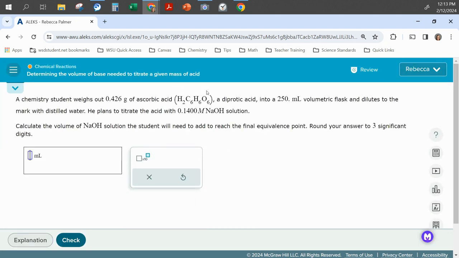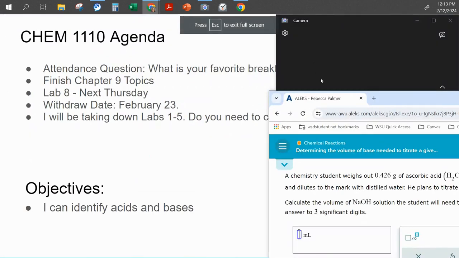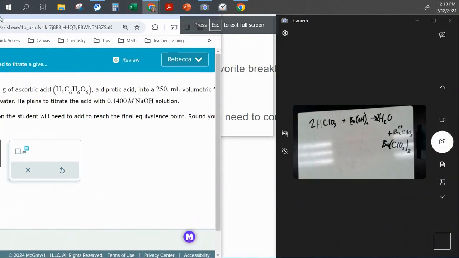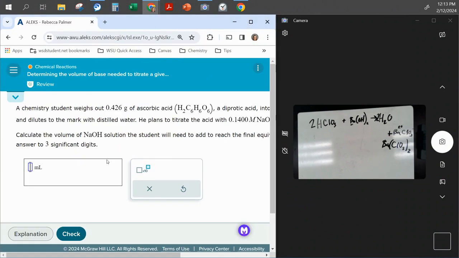So this one says it's diprotic. So that means for every mole of acid, we're going to get 2 hydrogens. So I have to multiply by 2 so that I have the right amount of base, because I'm going to need 2 base molecules to cancel out one of those, because that has 2 hydrogens. Okay, so we have our mass.